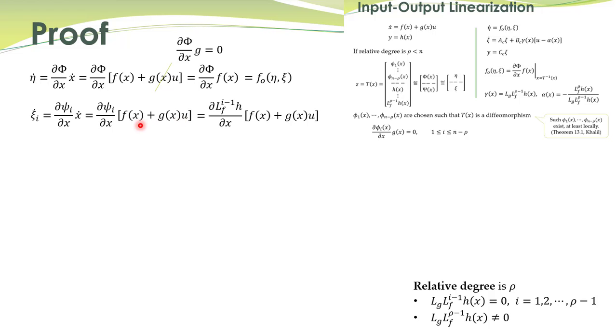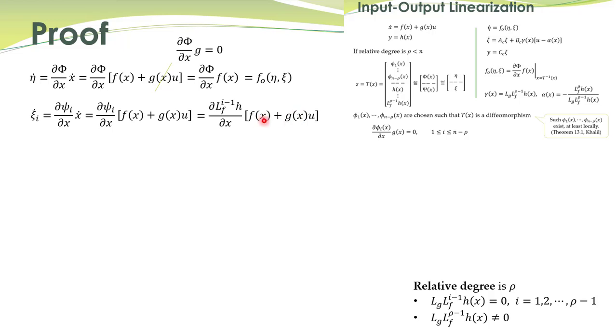Furthermore, what is psi i? From here you see that psi 1 is equal to h, and its ith component will be equal to the (i minus 1)th Lie derivative of h along f of x, and its partial derivative of psi i with respect to x is written over here.